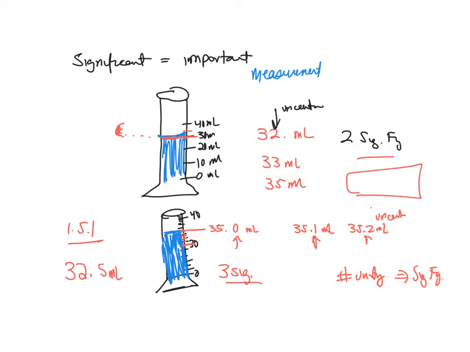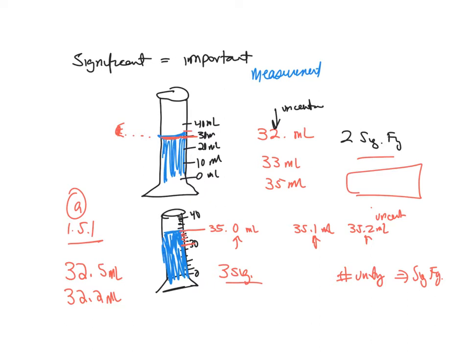You could say 32.2 milliliters. I'd look at the problems, and at that point, 31, 32, I would say A is your correct answer, or 32.5. I would say it's 32.2. And so that's how I look at that.